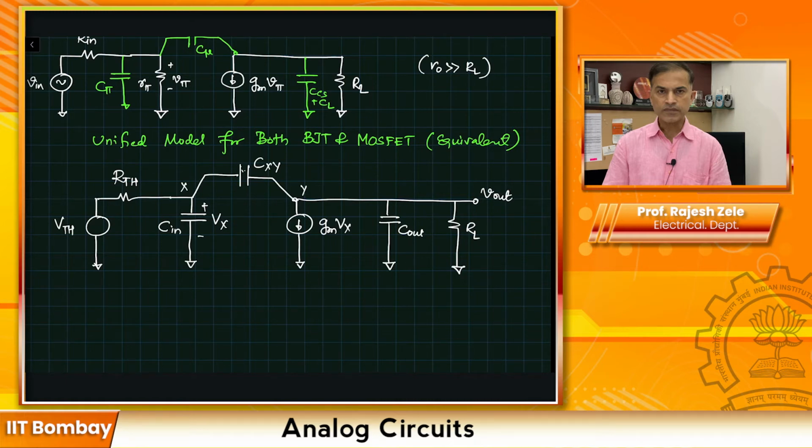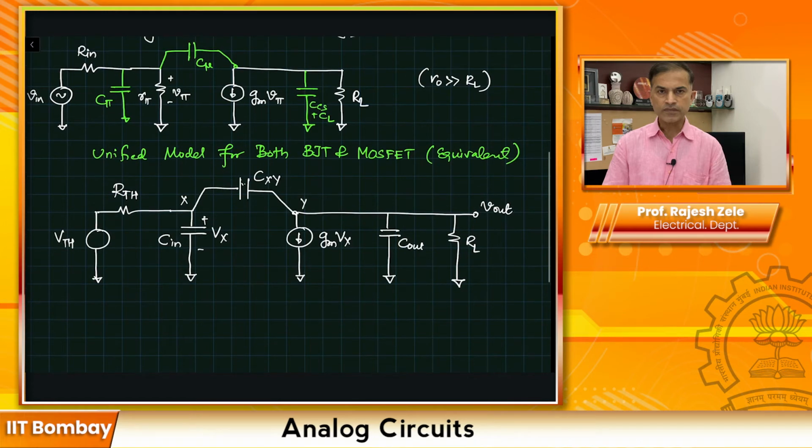So you can compare this to the previous bipolar model, and you can say that, by the way, this VTH and RTH is a Thevenin equivalent looking back at this particular node. It should be fairly clear once we go through the little bit of analysis.